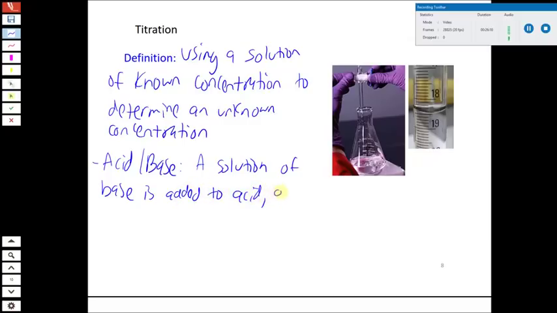So it works both ways. You can either add the base to the acid or the acid to the base. And again, the goal is typically that for one of those two solutions, the acid or the base, you don't know something about it. You either don't know what its concentration is, or you don't know its molar mass or something about it, and you're going to use the titration to figure that out.